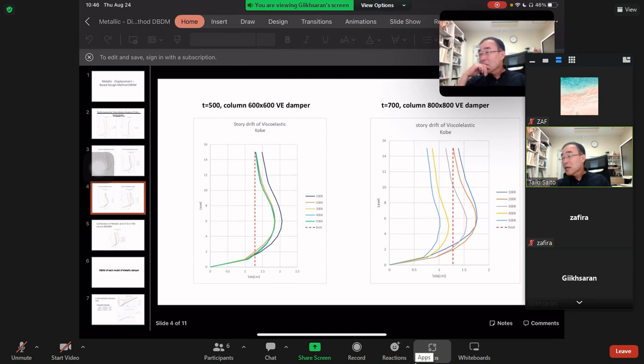But why, in the case of large column and large thickness, on the right side, is the effect of damper so different between 100K and 500K?